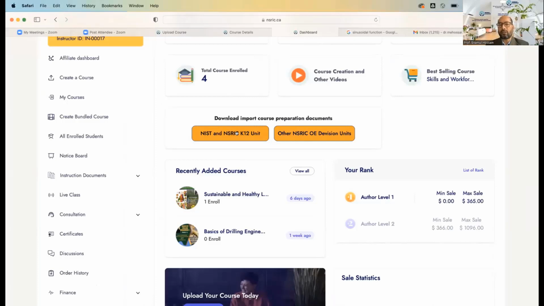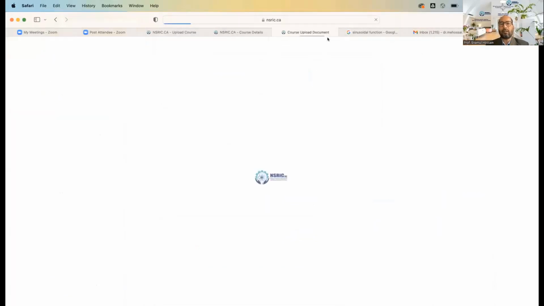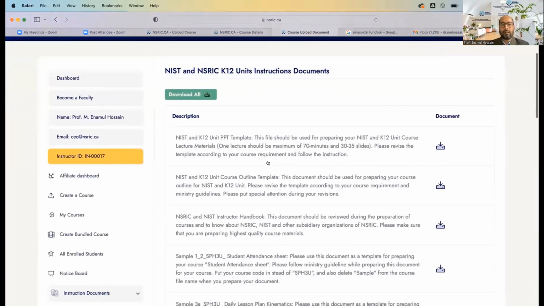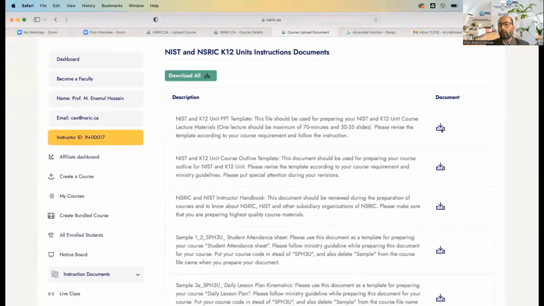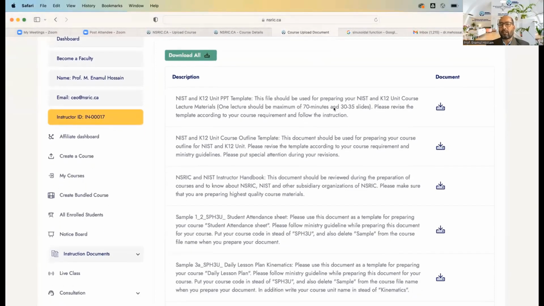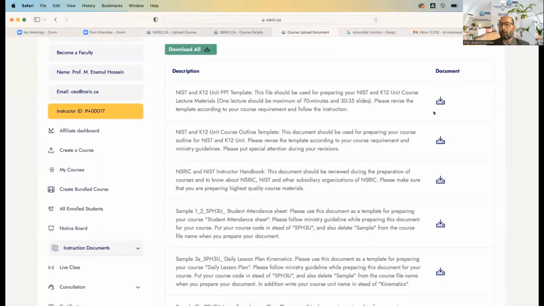If your course is related to the NIST program or NSRIC K-12 unit, because both are exactly the same, you click here, and then you see all the required documents you can download, all at once if you like, and the description of each document is stated here to help you understand, because those are ministry required documents.